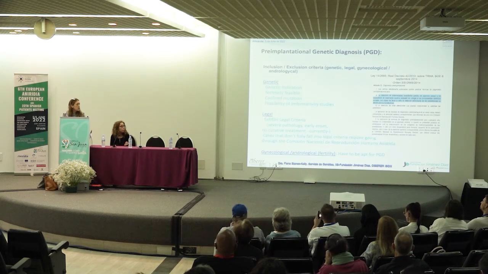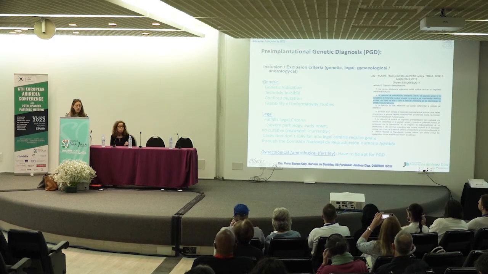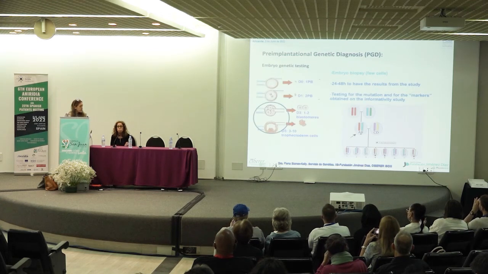The inclusion or exclusion criteria include genetic, legal, and gynecological. Genetic and gynecological, andrological are the same across countries, but legal may change. Depending on the country you are in, the access to this technique may vary.